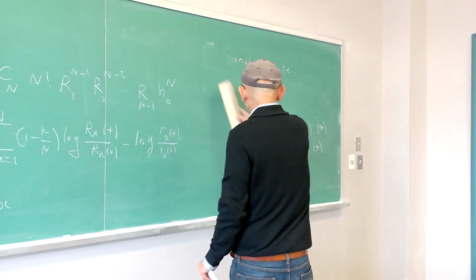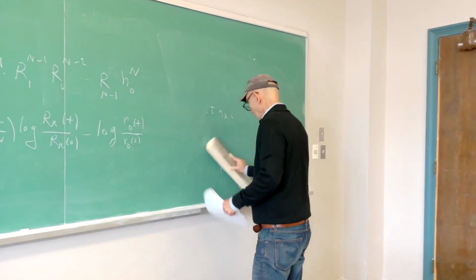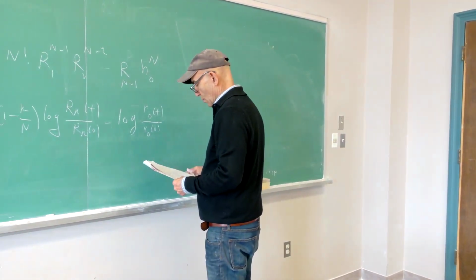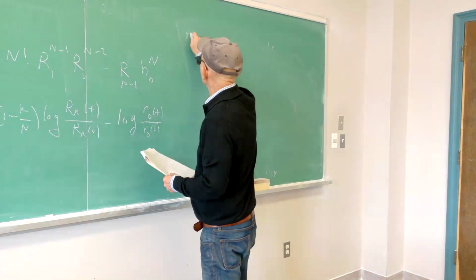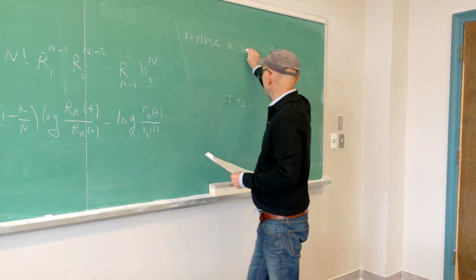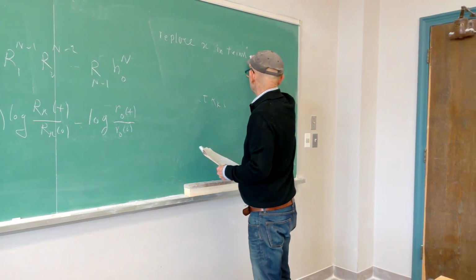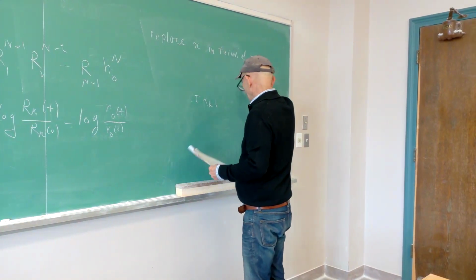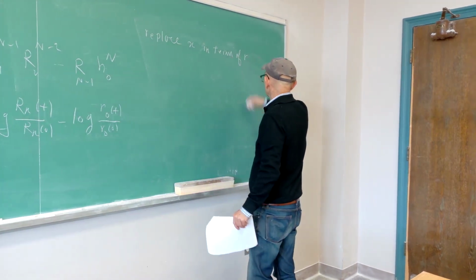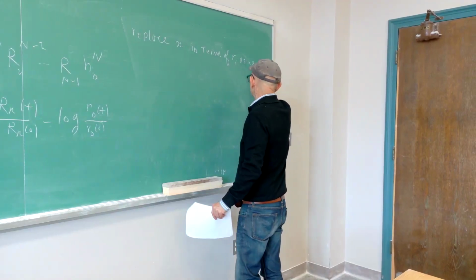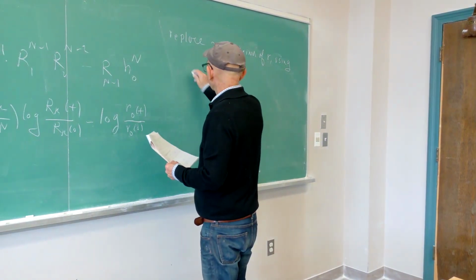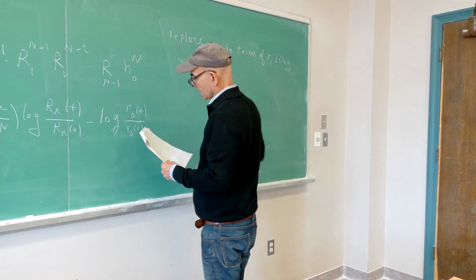So that's more or less the end of the calculation. Replace x in terms of r using the equation that we have, x equal to r times 1 plus 12t.